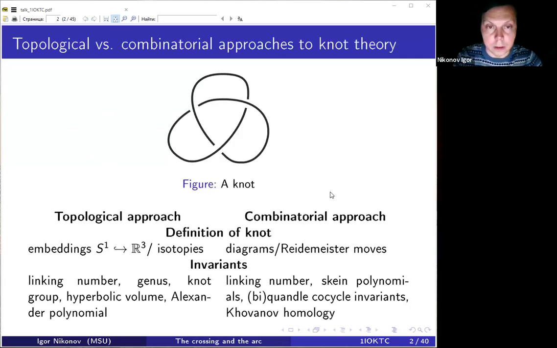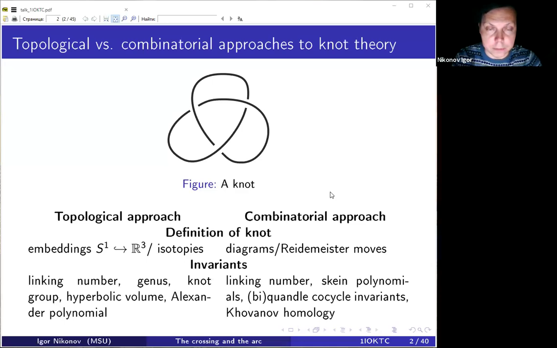And if one speaks about, for example, knot invariants, there are a number of invariants which are defined from topology, such as, for example, the knot group, the fundamental group of the complement of the knot, and some other invariants, hyperbolic volume of hyperbolic knots, and so on.